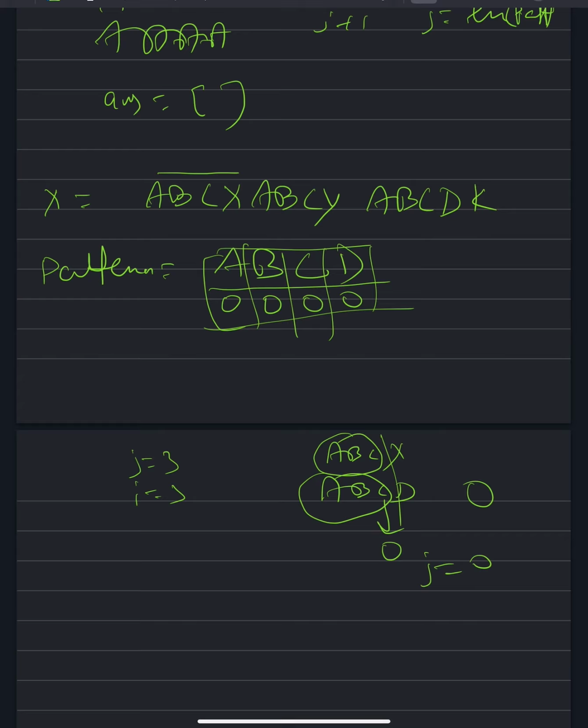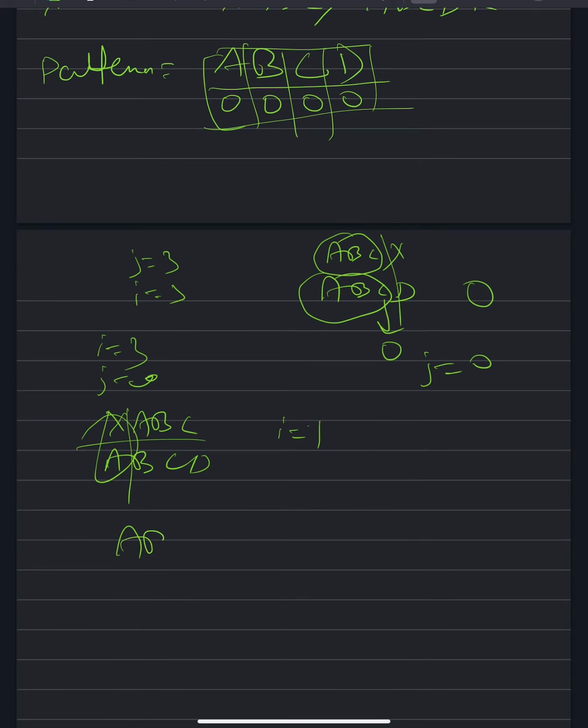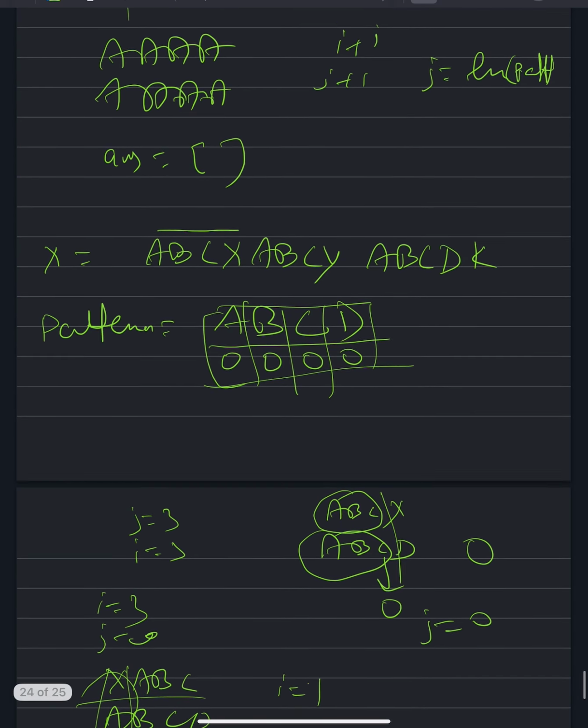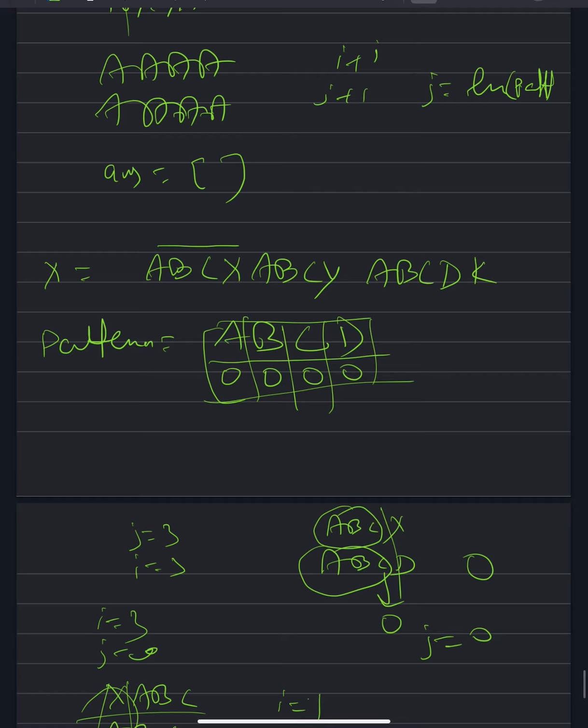That's why J equal to 0, I equal to 3, meaning it will be X, A, B, C against A, B, C, D. But here also it is not matching, so we will increase I by 1, and the new input will be A, B, C, Y against A, B, C, D. Again, in the same way it will go. So that's how LPS is helping us.